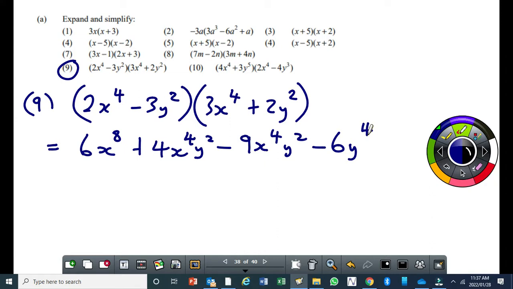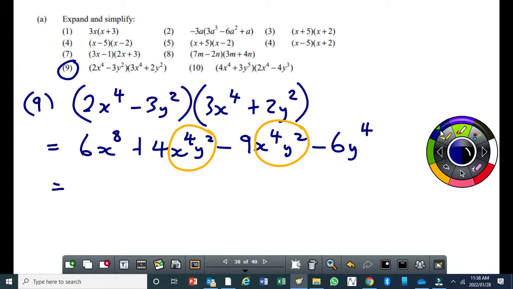Then you must check for terms that are like terms. So here we have x to the power of 4 times y squared, x to the power of 4 times y squared. Therefore, these two terms are alike. Therefore, identify the coefficient. It's positive 4.